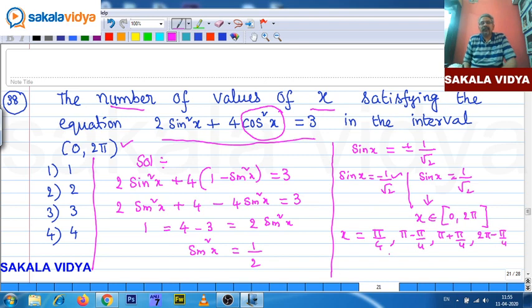So the number of solutions is 4. So the fourth option, option 4.